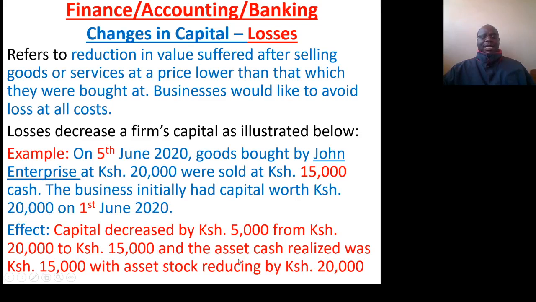And asset cash realized was 15,000, with asset stock reducing by 20,000. Remember, stock was worth 20,000. It has been sold, all of it. So nothing remains, but we have received 15,000, meaning that we have suffered a loss of 5,000.